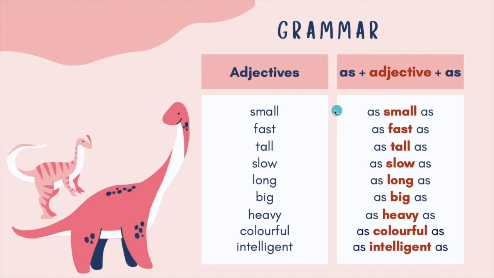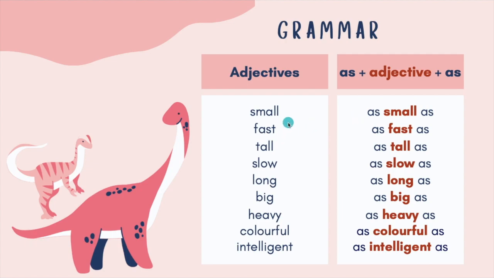We use this rule to compare between two people, animals, or things that are similar to each other. Meaning, you are comparing between two things, two animals, or two people which are the same.